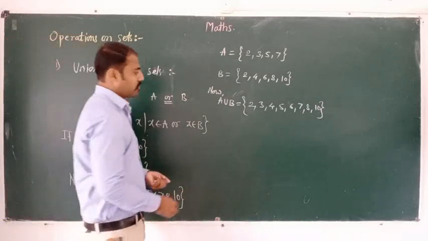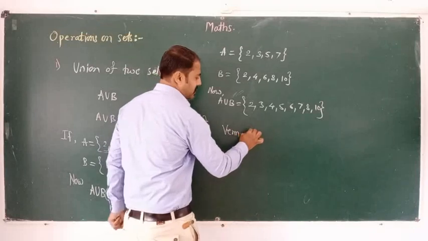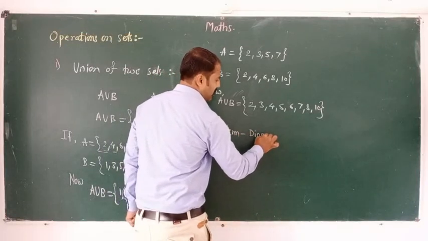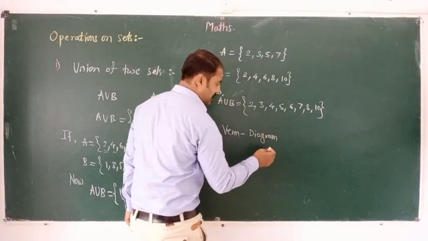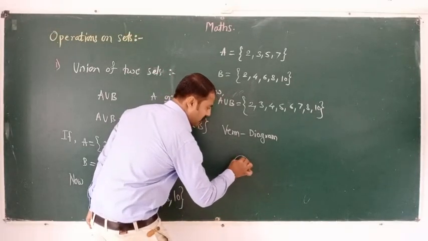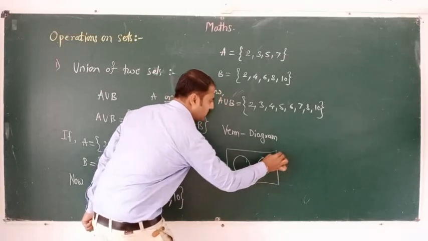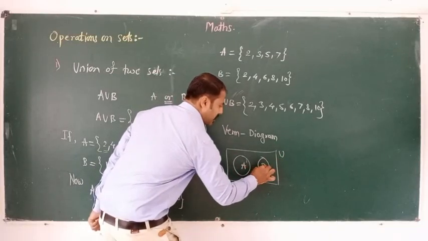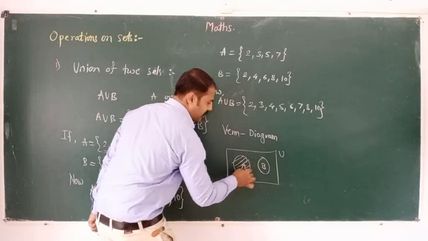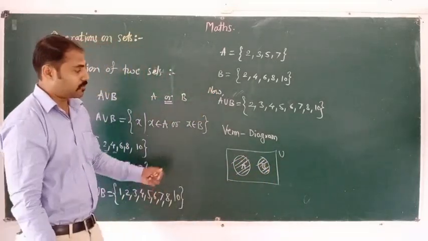In a Venn diagram, the union set can be represented as follows. Let's suppose that this is our A, this is our B, and this is our universal set U. Then A union B is nothing but this shaded portion.